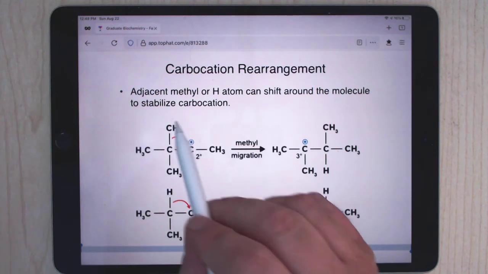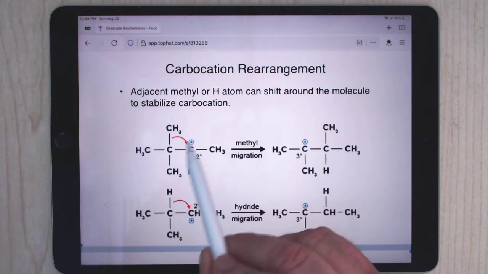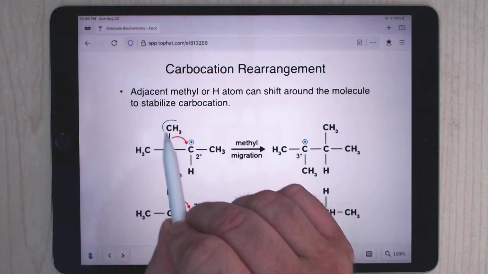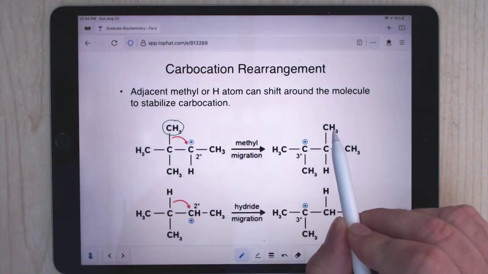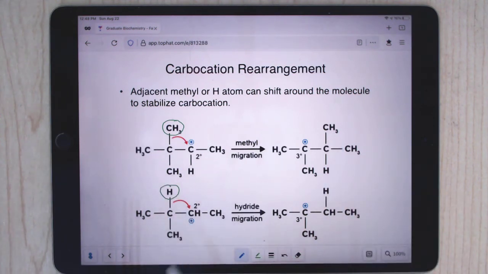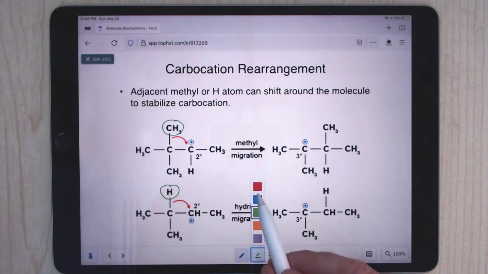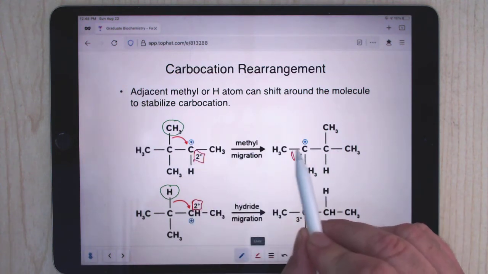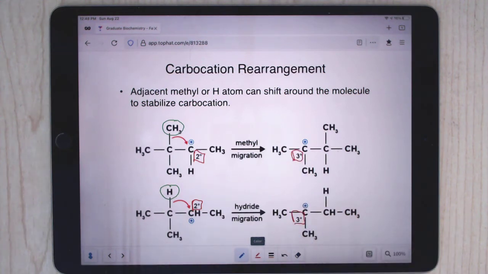So if you have, say, a secondary carbocation, we can move a group over, either a methyl group or a hydrogen, a hydride shift. What's happening is we're going from a secondary carbocation to a tertiary. That's way more stable from the molecule's point of view. So you will get these shifts.